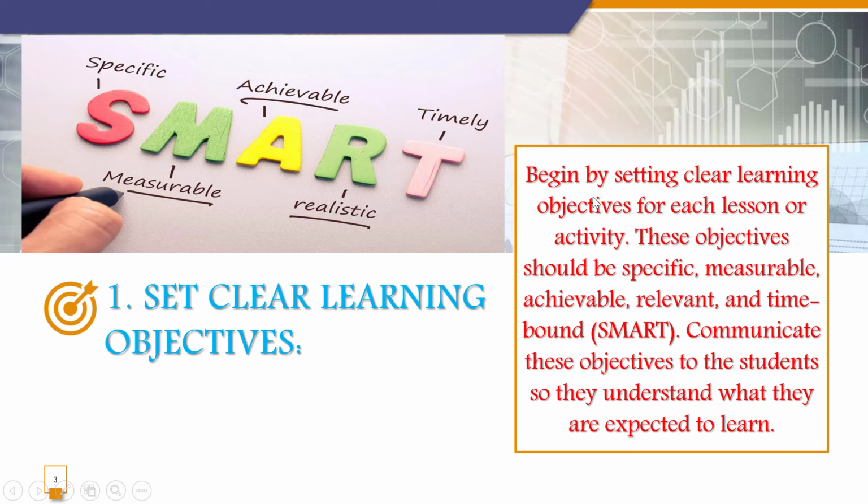So begin by setting clear learning objectives for each lesson or activity. These objectives should be specific, measurable, achievable, relevant, and time-bound, or SMART. Communicate these objectives to the students so they understand what they are expected to learn.